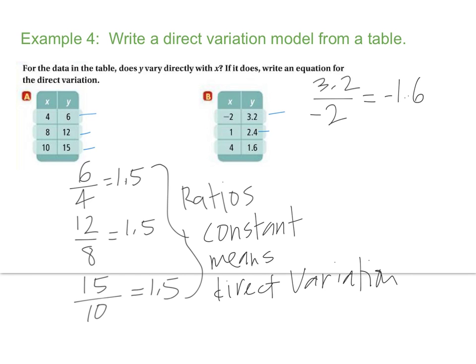For the second ordered pair, I have 2.4 divided by 1, which equals 2.4. So actually I can stop right there. These guys don't equal each other. The ratios are not the same, so not direct variation.